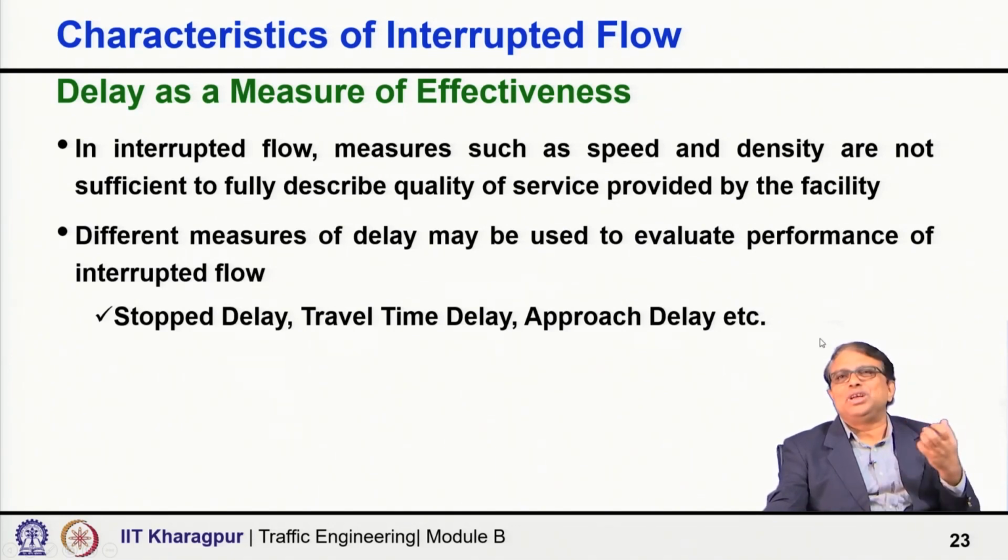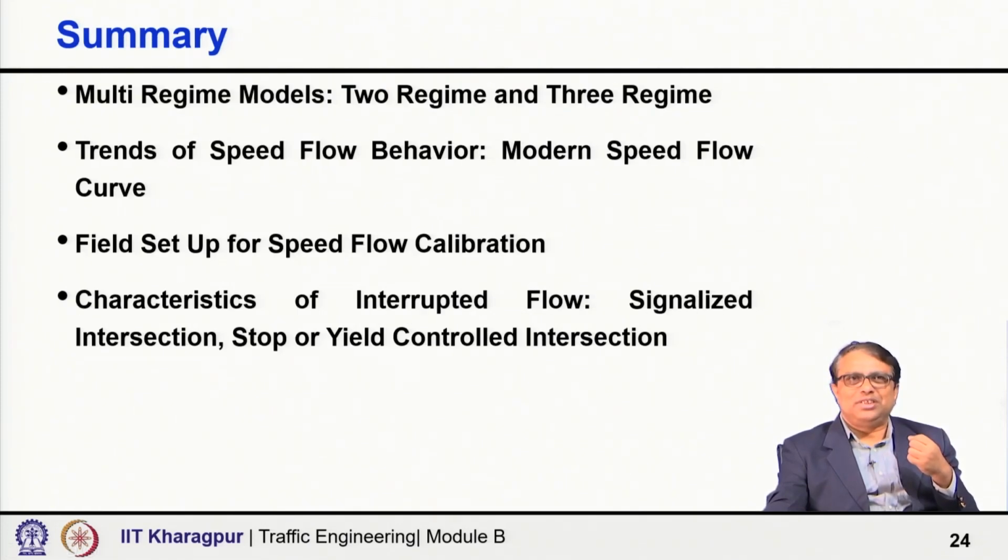There are so many ways the delays are defined and measured. I will stop here and come back to you in module E to discuss in further detail the interrupted flow facility and various characteristics, including the design of signals. So, with this I close it.